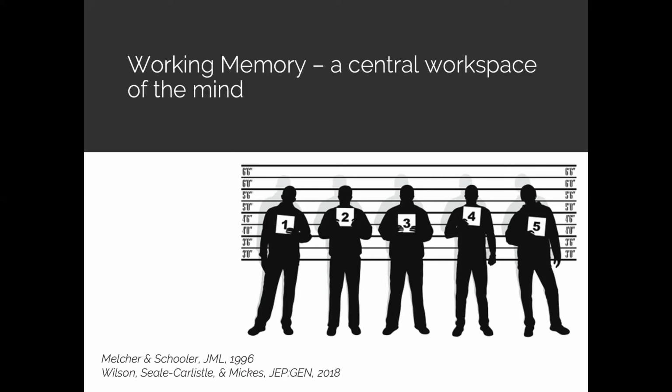Now, there's this phenomenon that's called verbal overshadowing, which means that describing a memory actually reduces its fidelity. So what do we see when people have to do a task like this in the real world?